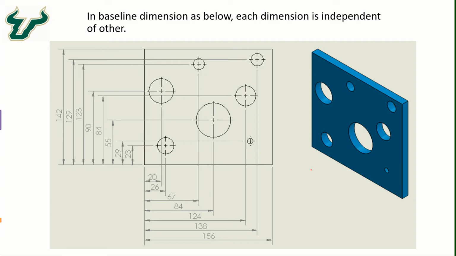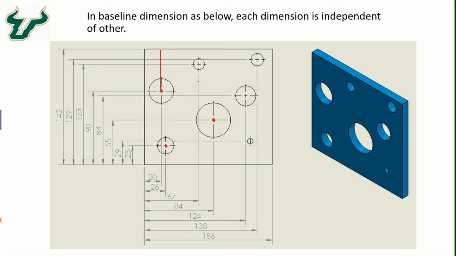Also, when we look at this example where we assign the baseline dimensions, each dimension, as you can see, for locating the center of the holes on that plate, is individually controlled by the two dimensions for the center of that hole. So even if there are tolerances applied on, let's say, one particular hole, that is not going to affect the location of the other holes if we use the baseline scheme as indicated here.